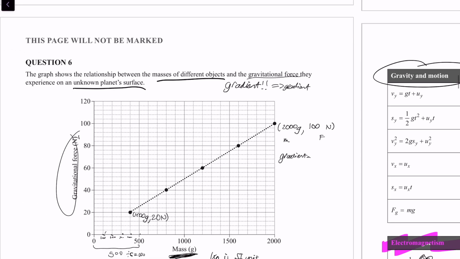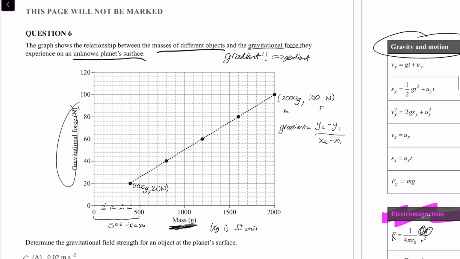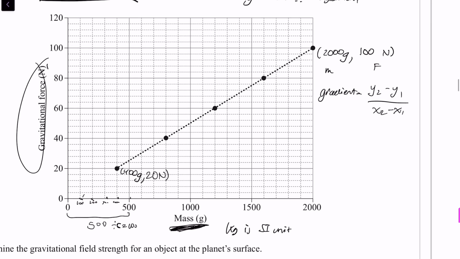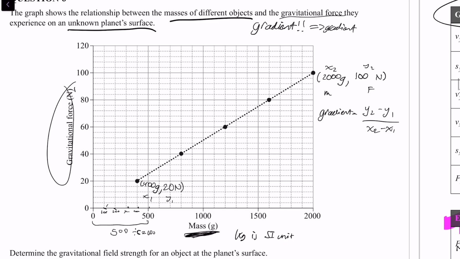So the gradient we talk about is y2 minus y1 over x2 minus x1. Okay, I like to also label my x1, y1, x2, y2 on my graph, on my coordinates, just so I know that I'm doing it completely right.